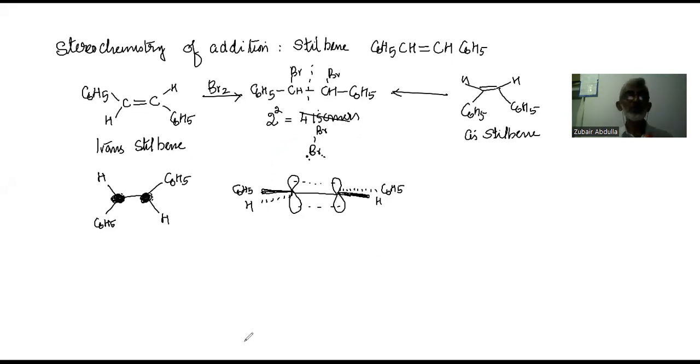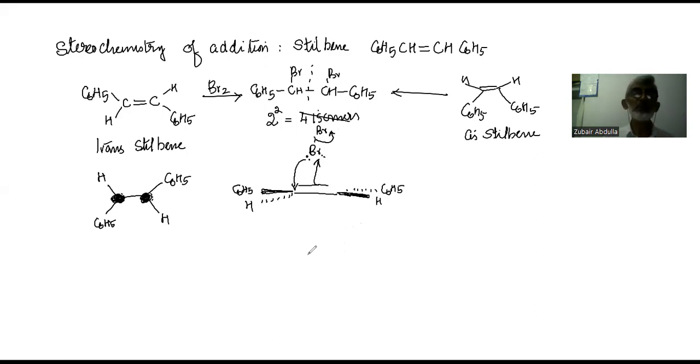Now I make a small modification: I remove this and show it as a pi bond. Now this lone pair attacks this carbon, and the pi bond attacks the bromine. This will act as a leaving group. So all these three occur simultaneously.